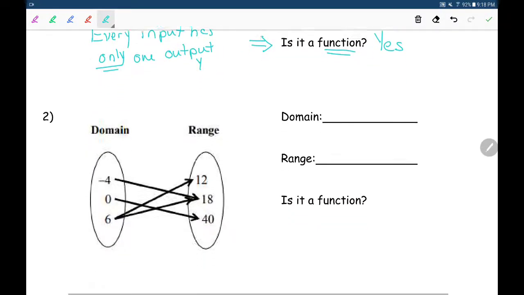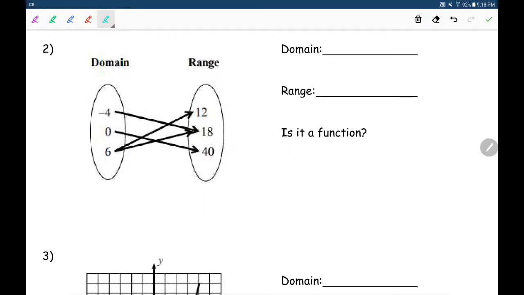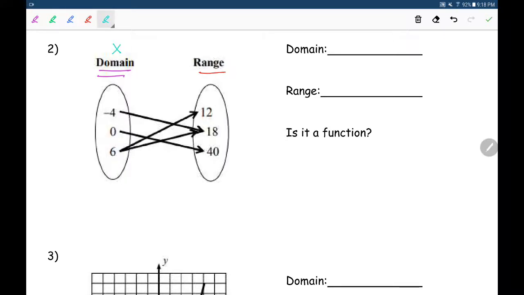Okay, so then if we look at the second example, now we have what's called a mapping, where it's taking each element of the first oval and going to something in the second oval. And it's even labeled very nicely for us as domain and range. Sometimes they label these as x and y, but they were really nice to us in this problem.